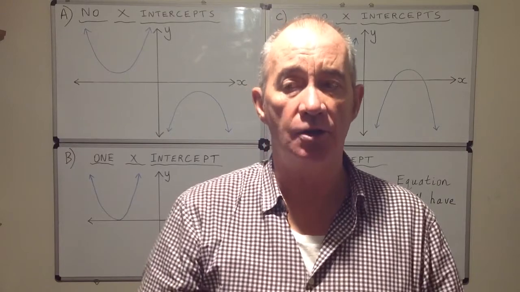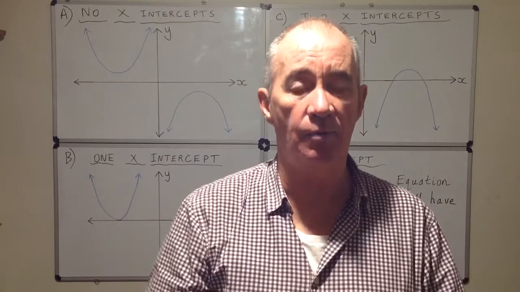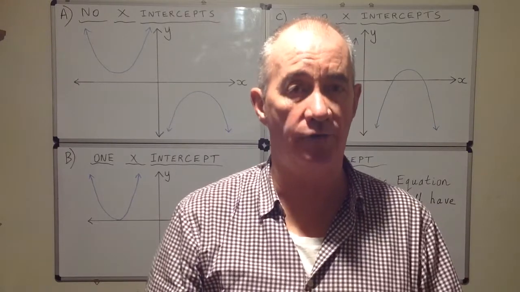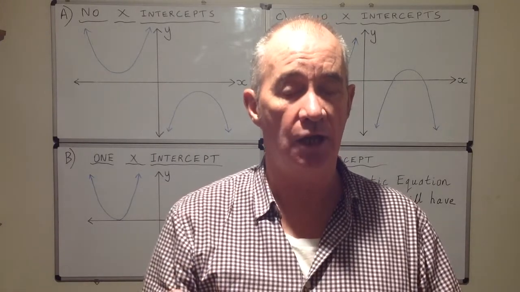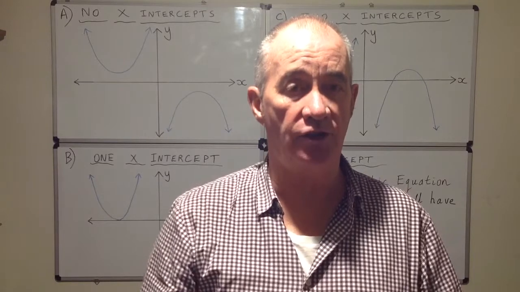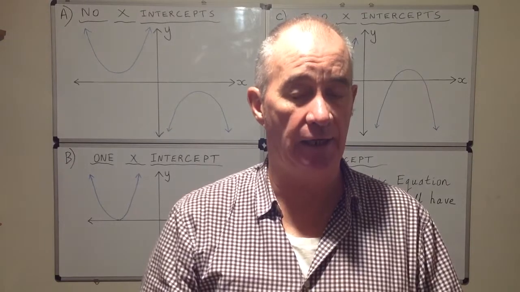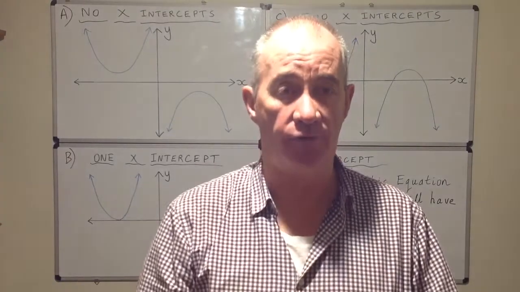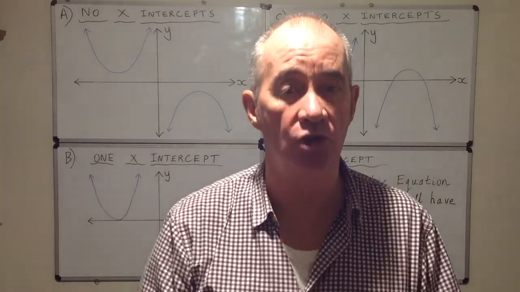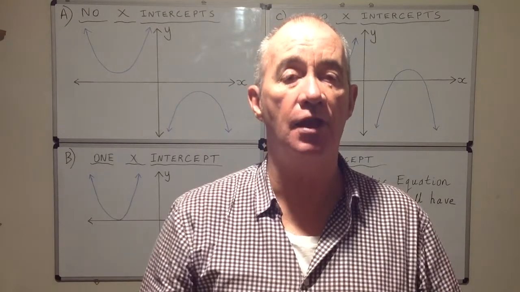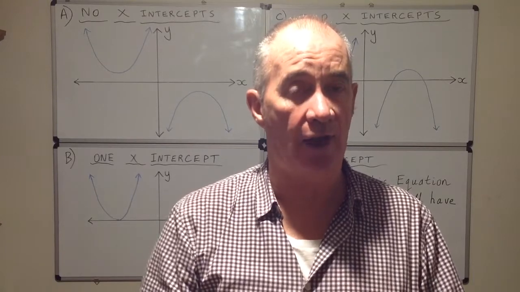Now, depending on where the graph of the quadratic equation is positioned on the xy plane, and when we draw a set of xy axes, we create a flat surface called an xy plane or a Cartesian plane, there are three possibilities for the number of x-intercepts that graph can have.